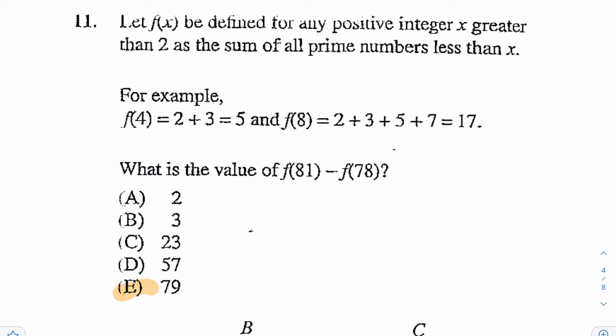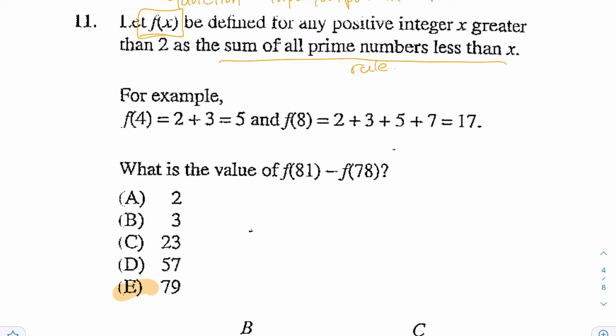So here, this is a function. And a function is just an input-output machine. Just follow the rule. The rule here is you have to add all the prime numbers less than x.